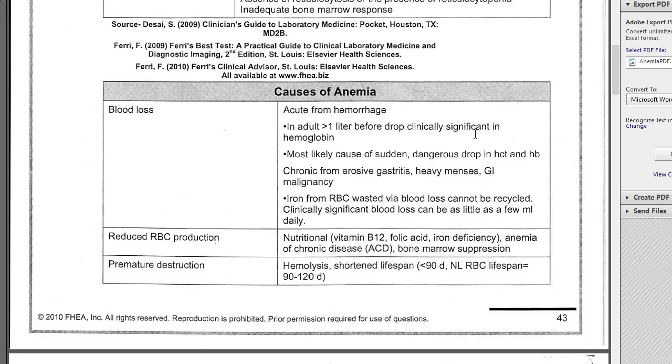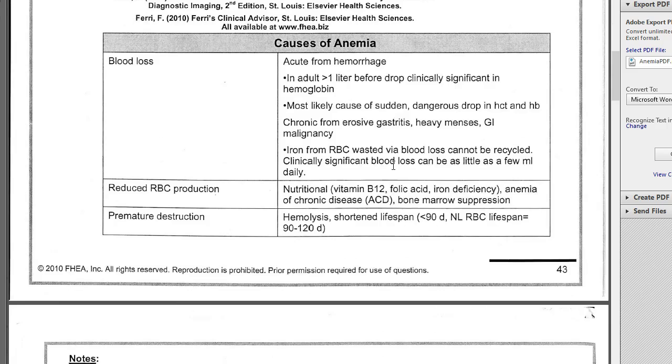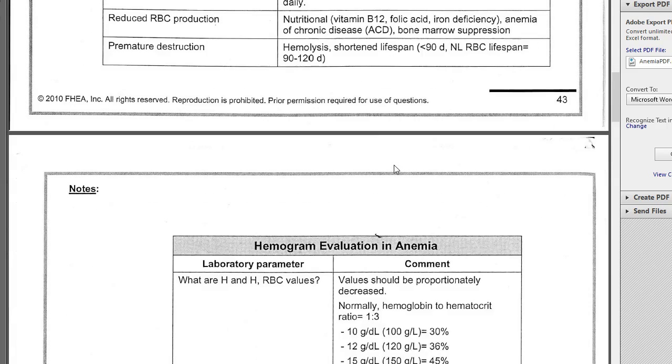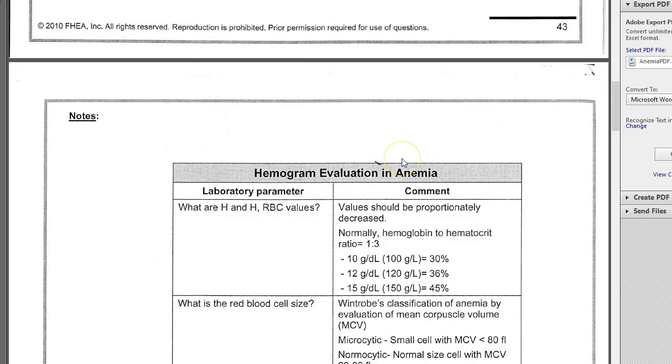This is usually a relatively uncommon reason for anemia. Shortened red blood cell lifespan is usually part of the mechanism that you'll find in anemia of chronic disease. Which again I already mentioned we'll talk about, because a lot of times it's difficult comparing that with iron deficiency anemia.